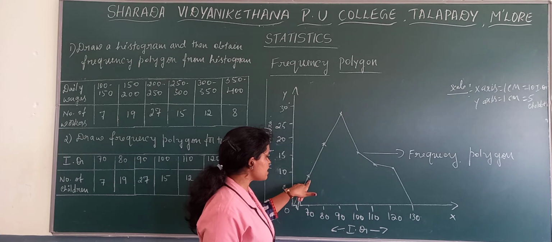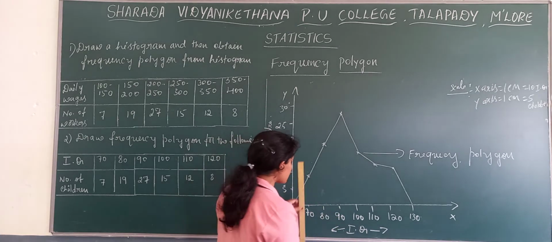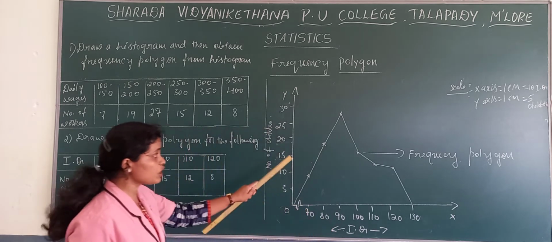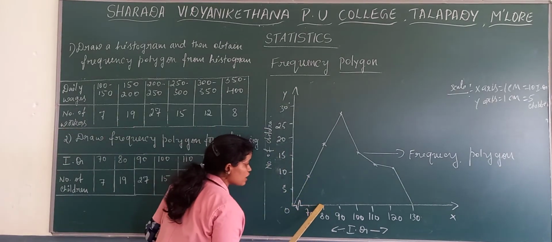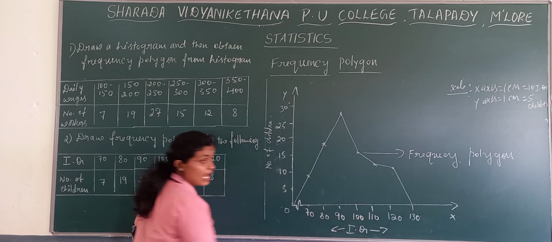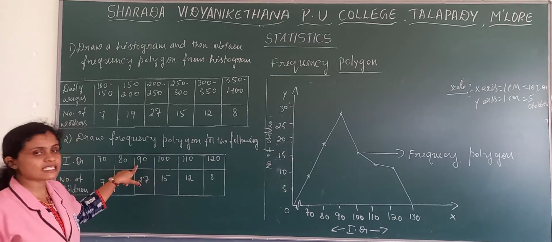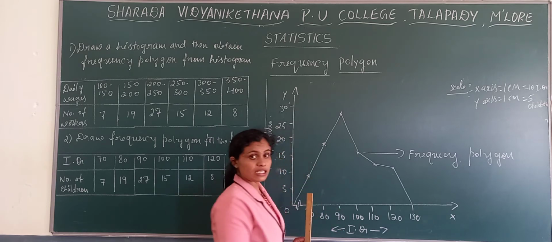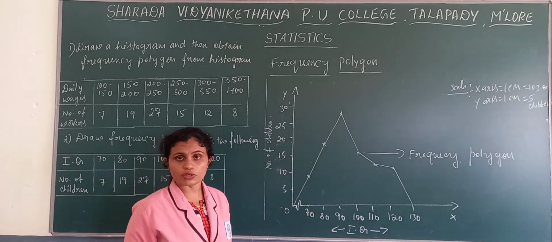If it's a continuous frequency, then we need to locate these values in between these class intervals. But here it is discrete. So directly 70, 70 only we are representing, 10 or 5, whichever value is given.